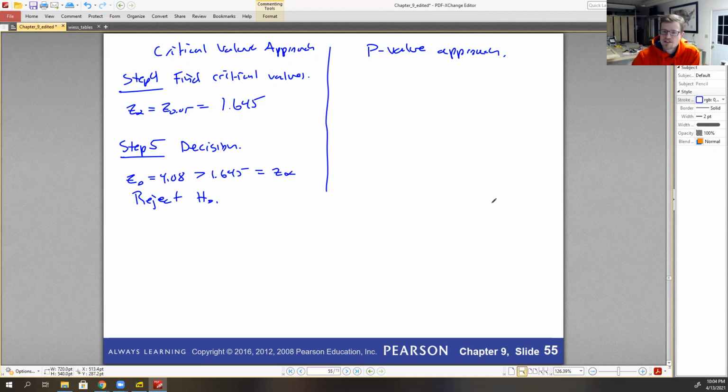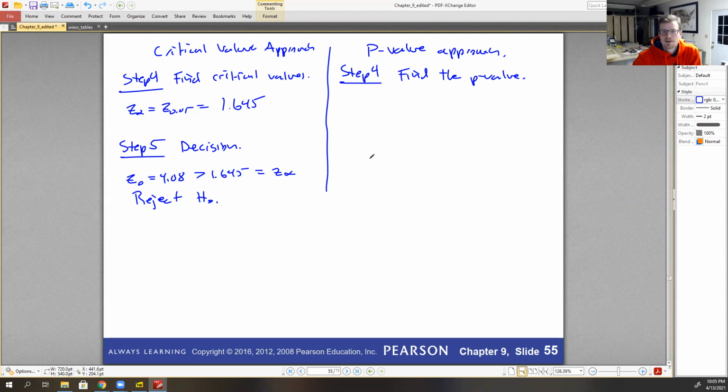So we should find the same decision over here in step 5 for the p-value approach. But here what we need to do is find the p-value. And so what we're going to do here is look for the probability of finding something that's even further away from the proposed mean than what we found.